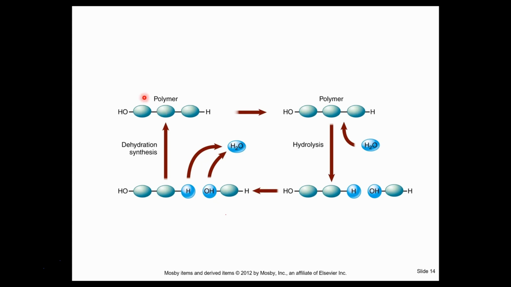Now let's say I did my exercise, so my glucose level begins to drop in the blood. So what the liver is going to do is break down the maltose that basically forms the glycogen molecule, because the glycogen molecule is a polymer.